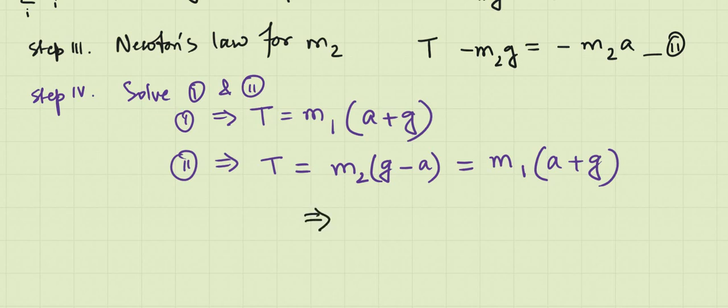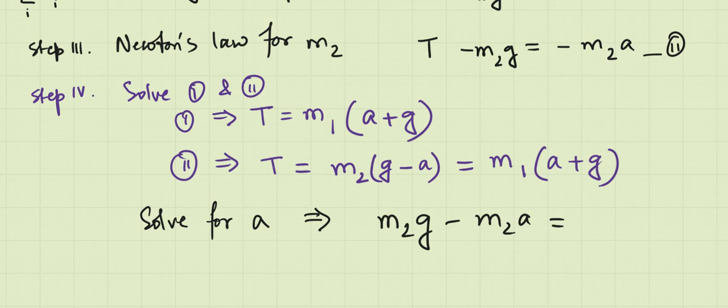So I have to solve for a, right? So solve for a. So what do I get? I get m2g minus m2a equals m1a plus m1g.